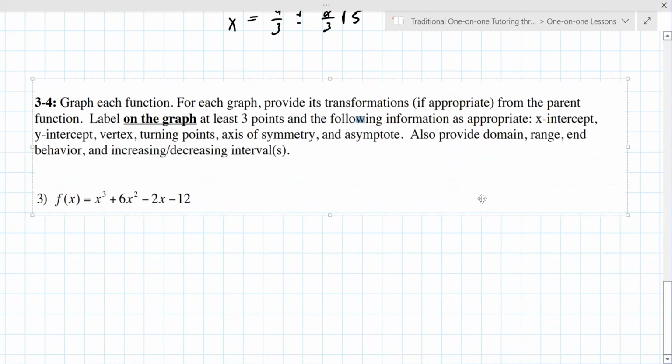The question here refers to 3 and 4, but for a moment here, it says to graph this thing. To graph it, you are going to use your, well, I take that back. This one can actually be done by hand. It's a factor by grouping.